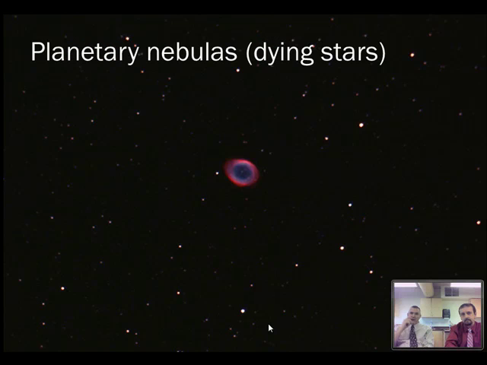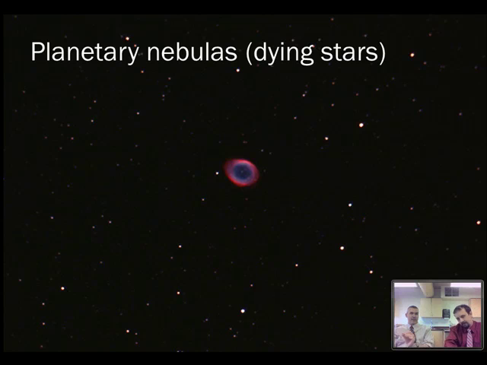There are these things that are called planetary nebulas, which is kind of a misnomer because it really has nothing to do with planets. The reason it's called planetary is because when you look at a planet, you can see the disk of the planet, whereas a star just looks like a dot. When you first see something like this through a telescope, it looks like a faint disk, almost like a ghost of a planet.